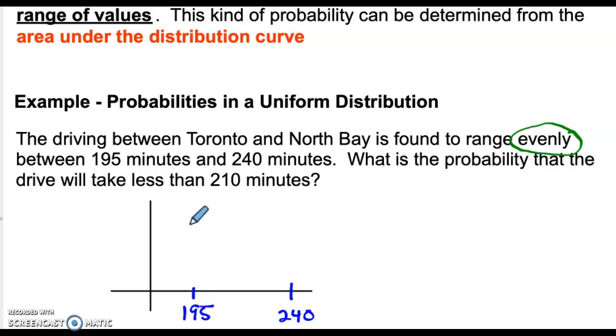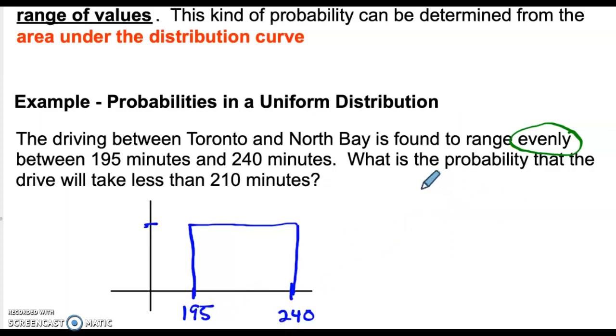And there is an equal probability across all of these times. So whatever this probability is right here, it's going to be the same for every single time. The way we're going to find this probability is to figure out how many minutes there are between 195 and 240.